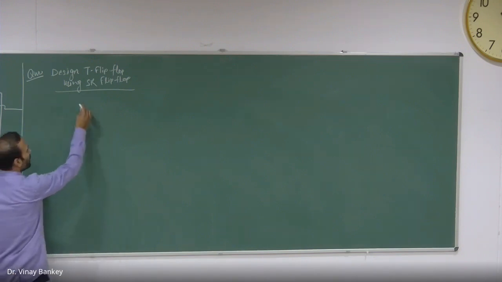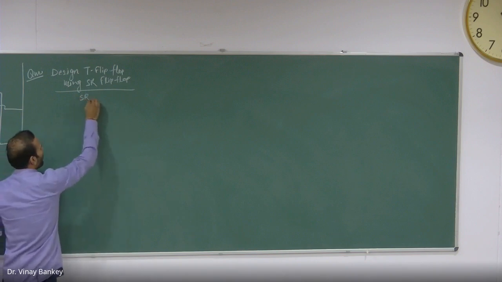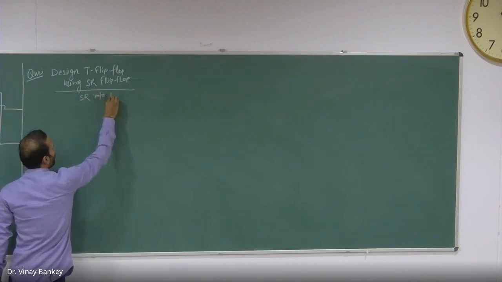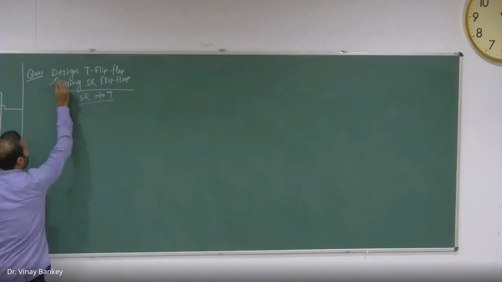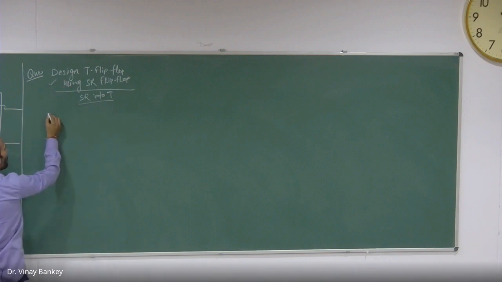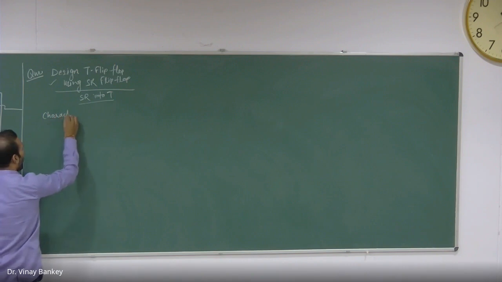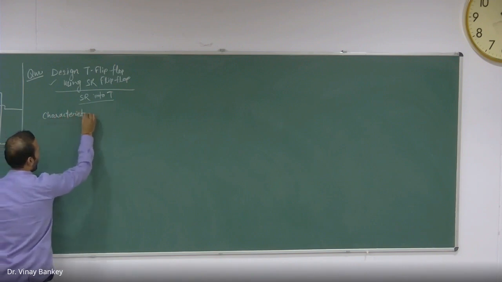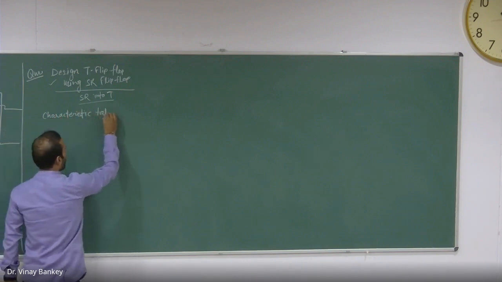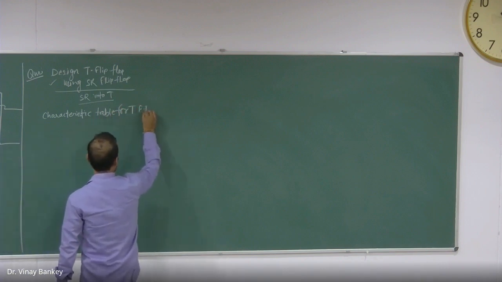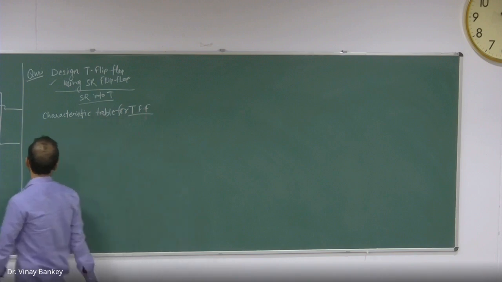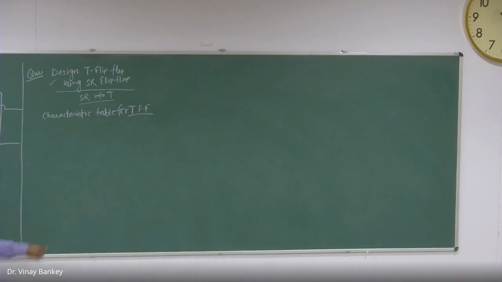Sometimes they write it like convert SR into T. This may be confusing, but this statement is very easy. So we will write the characteristic table for the T toggle flip-flop.